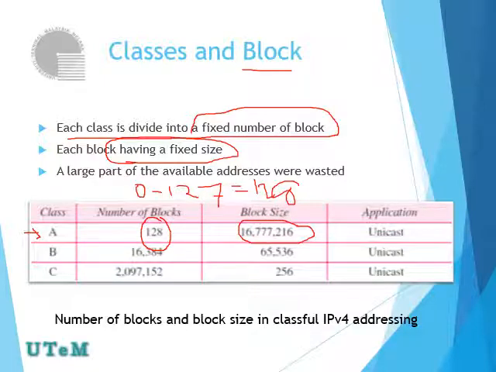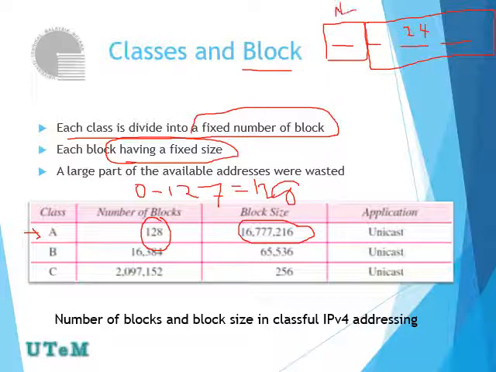Then the block size. If you want to identify the block size, you need to look at the host ID portion. In class A, only the first octet is assigned to the net, and the last 3 octets are assigned to the host. So the number of bits in the host portion is 24.